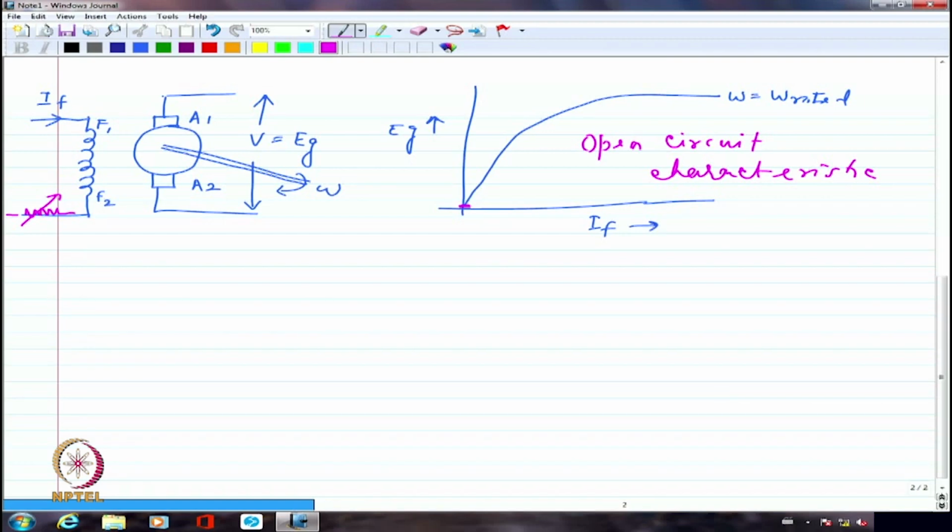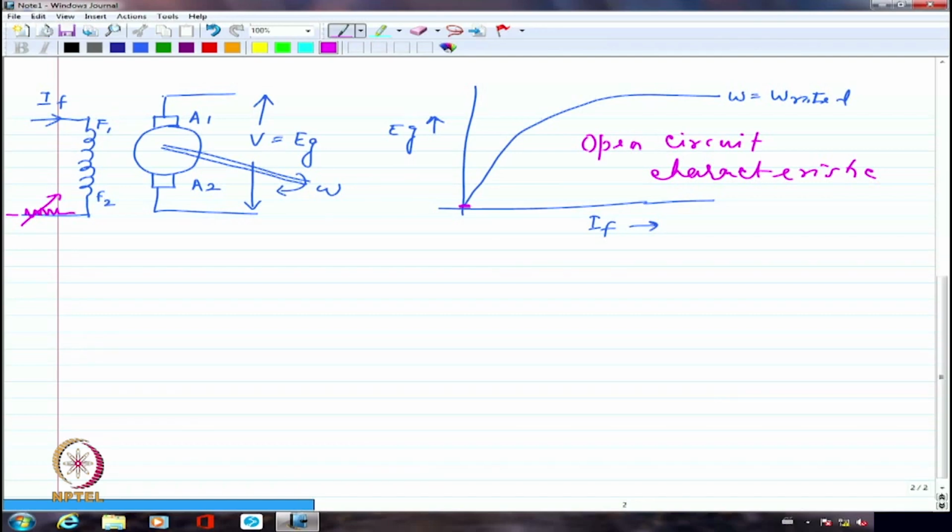I will try to excite it only in one particular direction. If I excite it once in the positive direction and once in the opposite direction, and keep doing that repeatedly, I'm not going to have any residual flux left over. So I would basically do only one direction excitation.